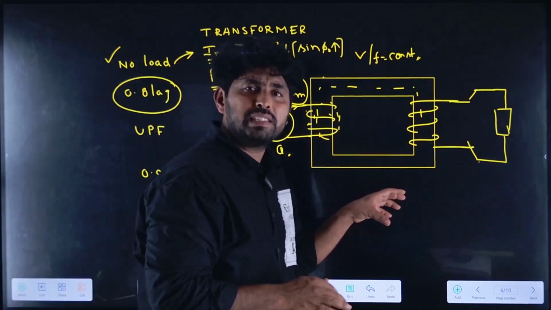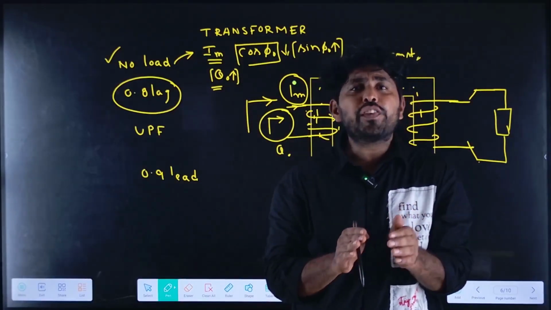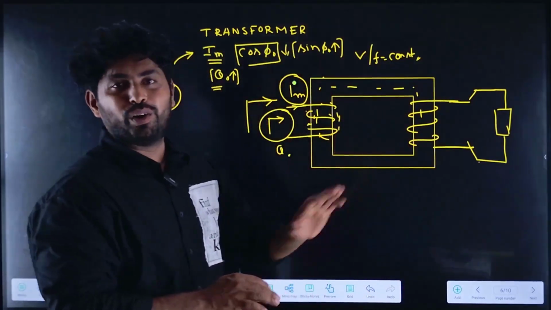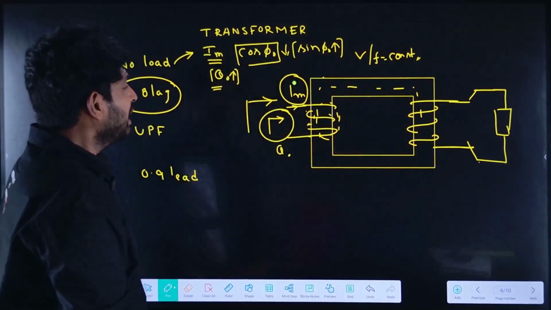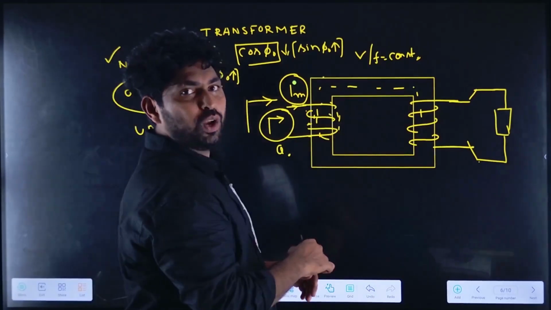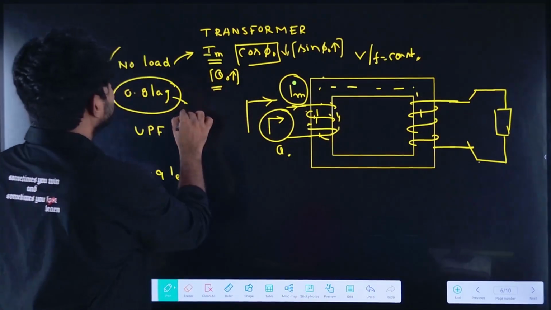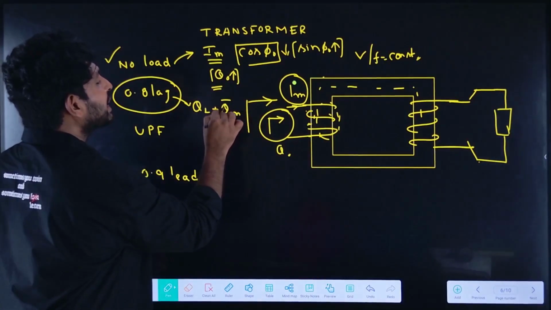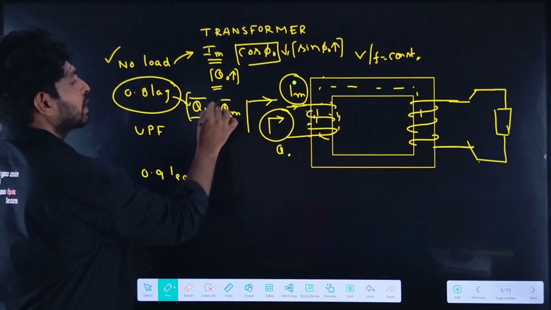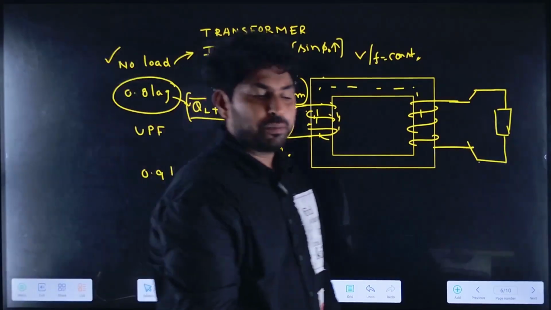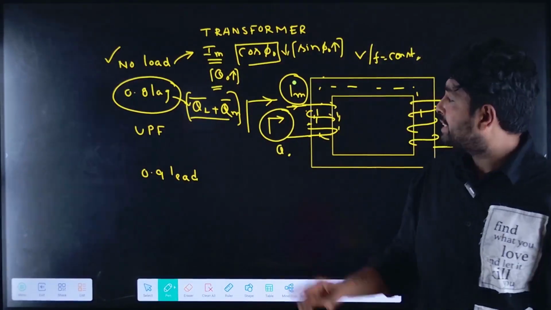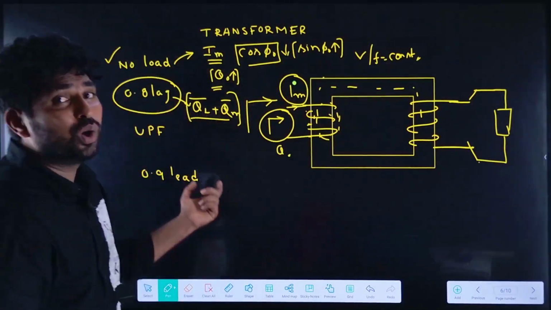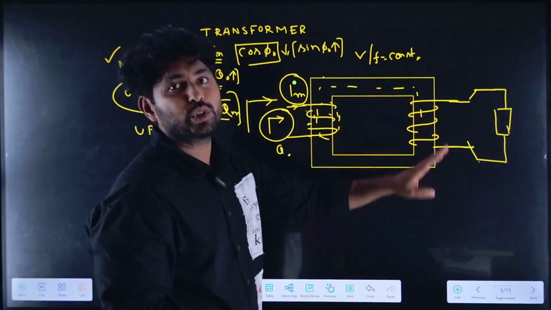Understand, here the transformer is a simple messenger which connects the source and load. The additional reactive power required by the load is also taken through the transformer, in addition to the magnetizing reactive power. So in addition to the magnetizing reactive power, it has to supply the load reactive power, the load VAR, also.